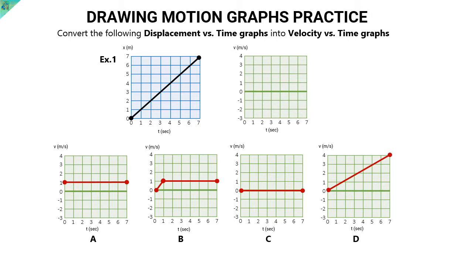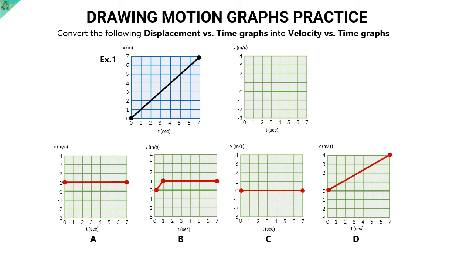We have here a motion graph of displacement versus time. So how are we going to know if it's displacement versus time? You can see here you have x, so displacement, and this is t, over time. And we're going to analyze this one. It's a straight line here, which means that it should have a constant velocity according to our discussion previously.